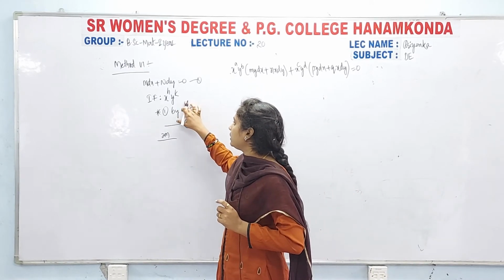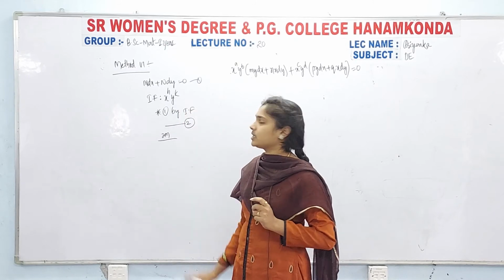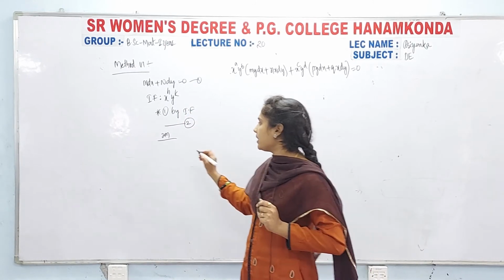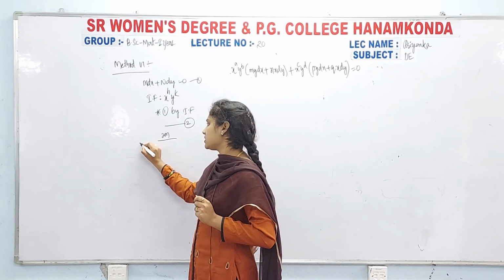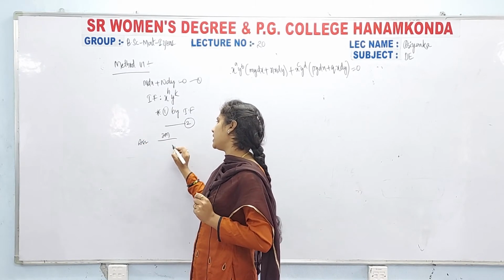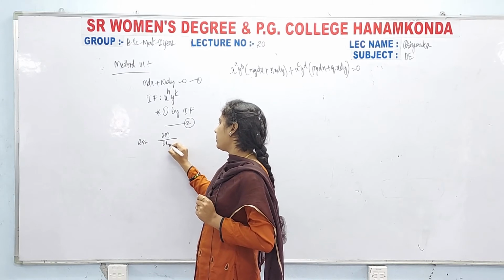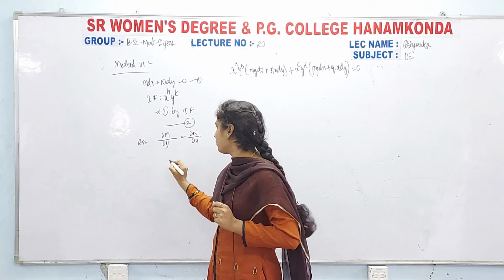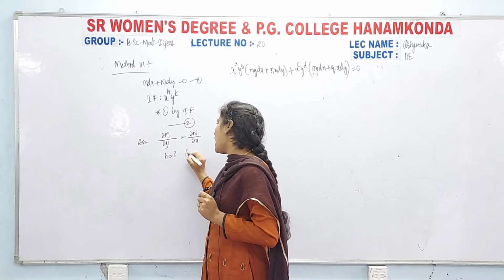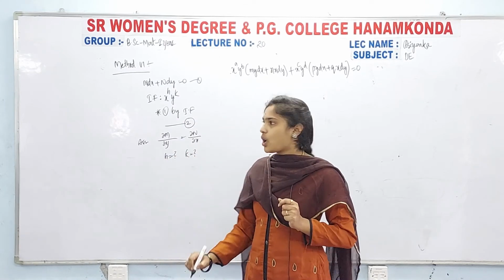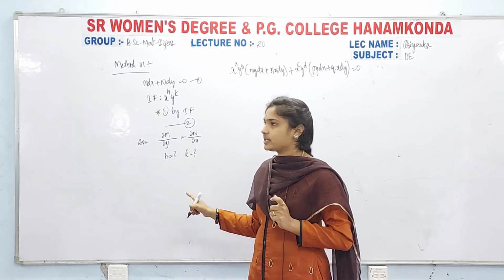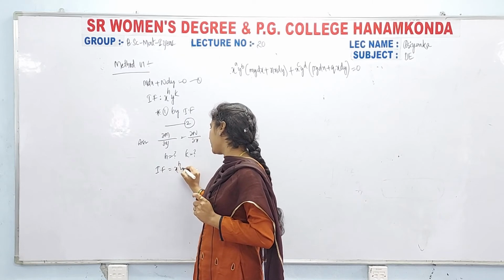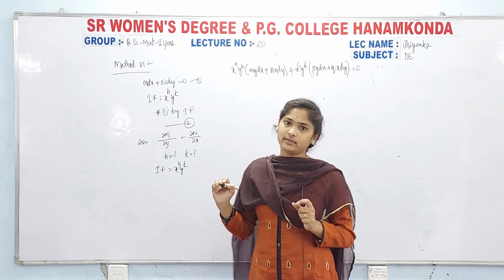Next we have to multiply equation 1 with the integrating factor, then we will get a new equation, okay. And then we have to assume that ∂M/∂y is equal to ∂N/∂x. By comparing all this, we will get the value of h and the value of k. After getting the values of h and k, substitute them in our integrating factor, that is x^h y^k.